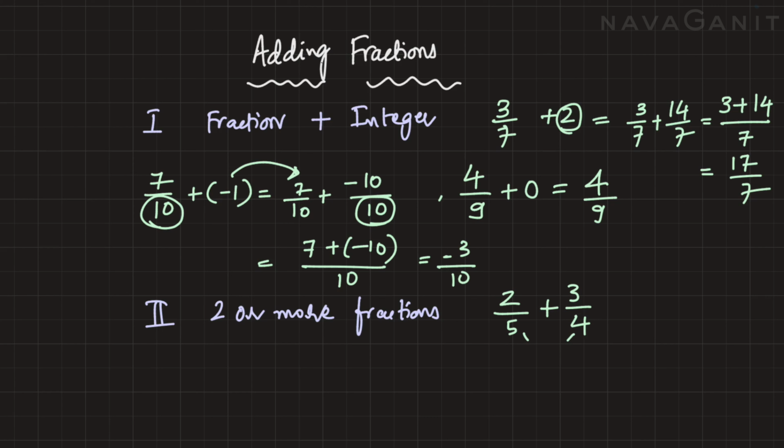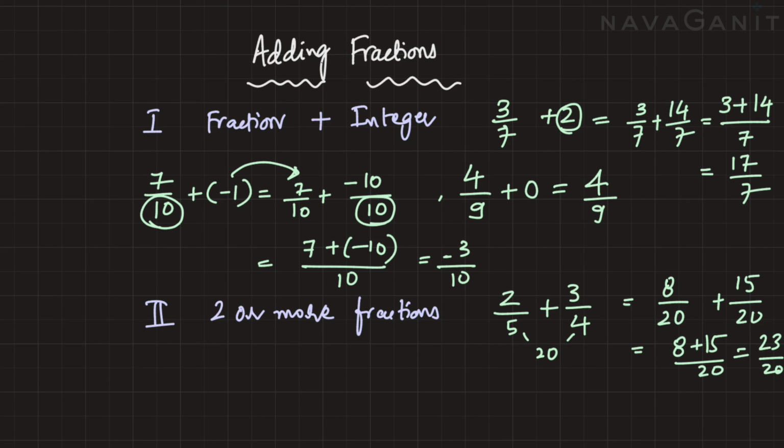So the LCM of 5 and 4 is 20. So I try to rewrite both the fractions so that the denominator is 20. So 2 by 5, I can rewrite it as 8 by 20. And similarly 3 by 4, I can rewrite it as 15 by 20. And now I just need to add up 8 and 15, which would be 23. So this is 8 plus 15 by 20, which is 23 by 20.